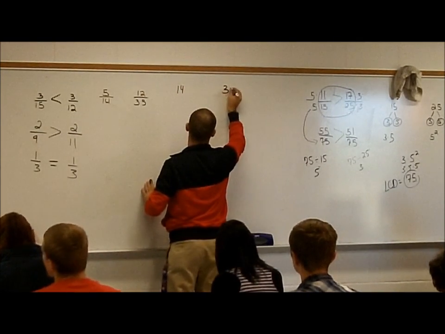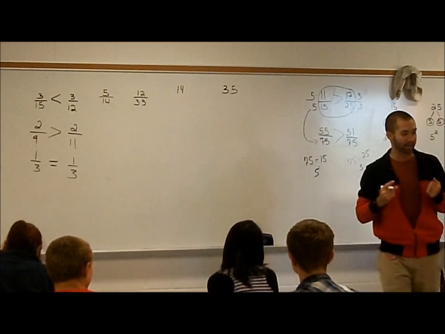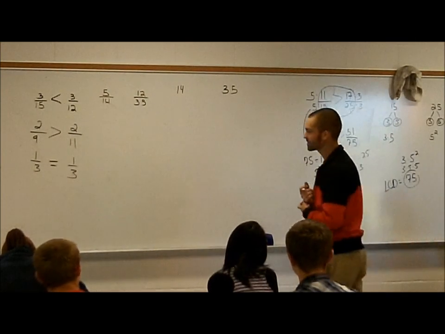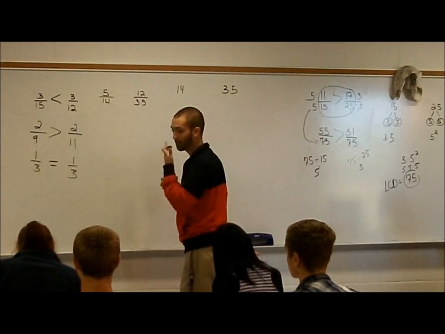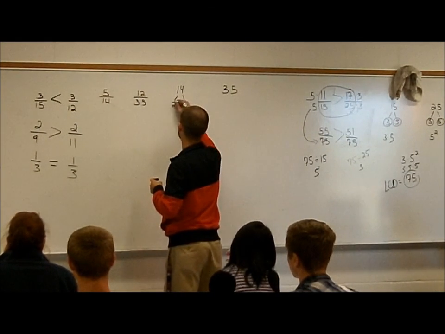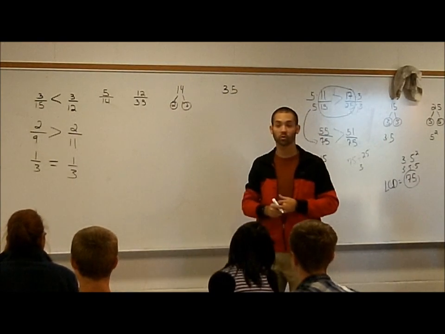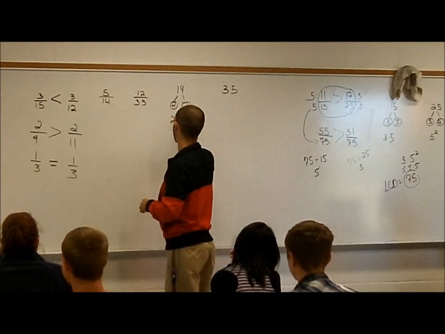What is the purpose of doing these factor trees? What am I trying to find? The LCD. So for the trees, what does 14 break down into? 7 and 2, right? So what's the prime factorization for 14? 2 times 7.